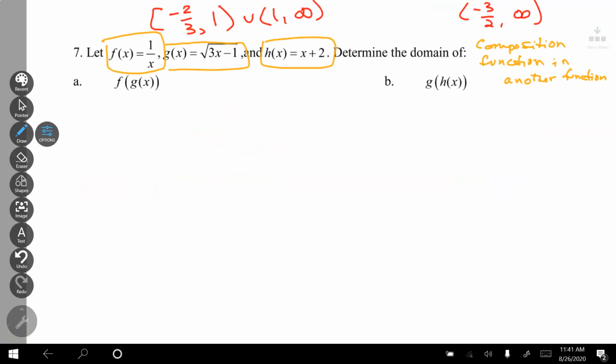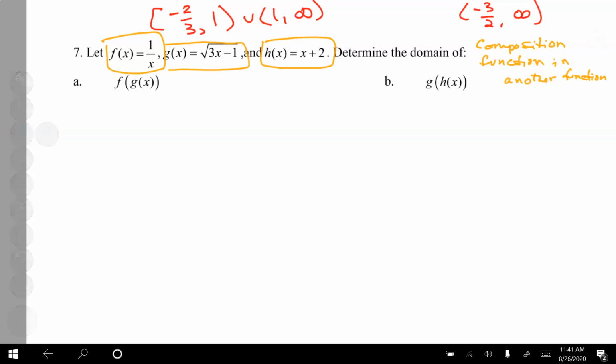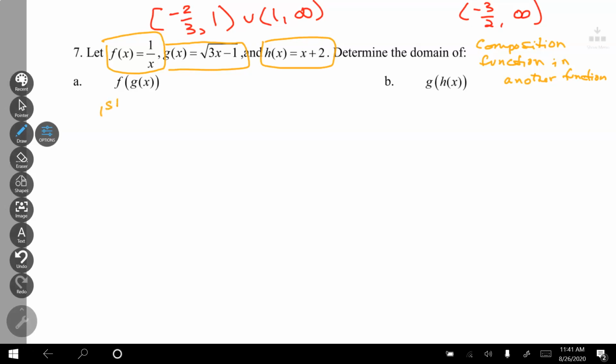So these last set of problems are going to talk about composition, and we're going to spend a more thorough day on composition, but this is something you should remember from Algebra 2. Composition is when you put a function in a function. So for this example, it would be first g and then into f. So it would be f of g, which is the square root of 3x minus 1.